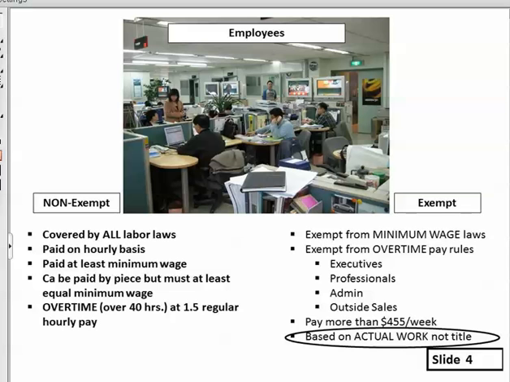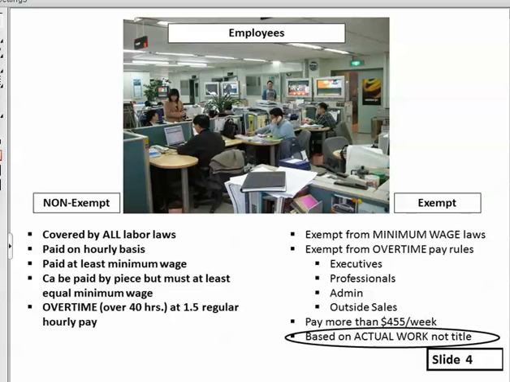So if they're not paid on an hourly basis or per piece basis, then they're exempt from the minimum wage. You don't have to pay them overtime. So a manager is paid a salary, a flat amount, and they don't get paid any extra if they have to work overtime. It's part of the job. You just do it.